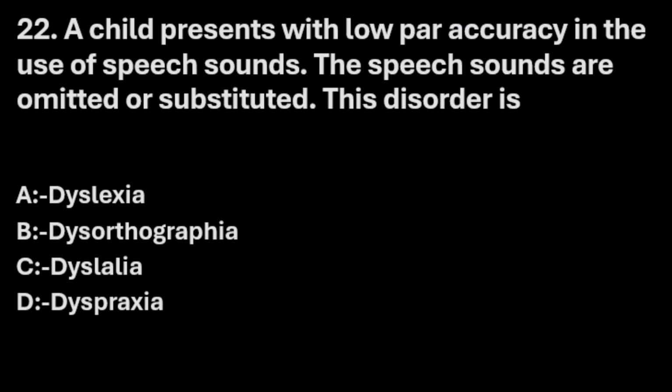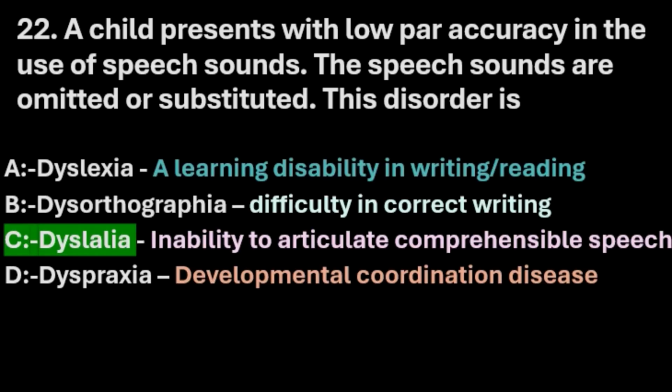A child presents with low accuracy in the use of speech sound. The speech sounds are omitted or substituted. This disorder is option A, dyslexia, option B, dysorthographia, option C, dyslalia, and option D, dyspraxia. The right answer here is option C, dyslalia.